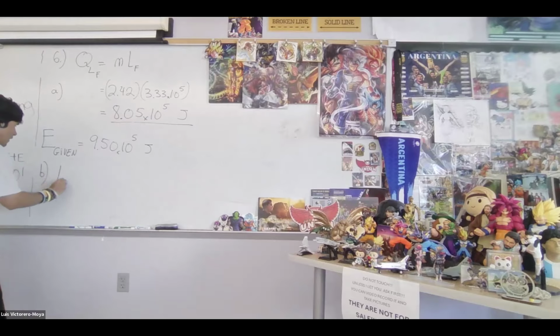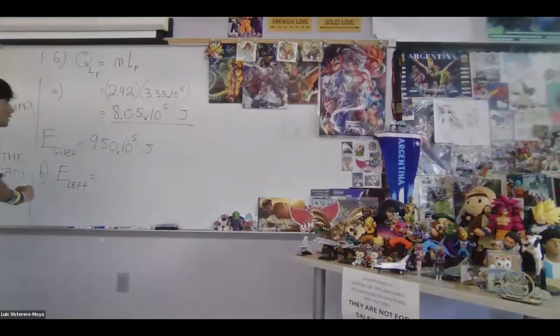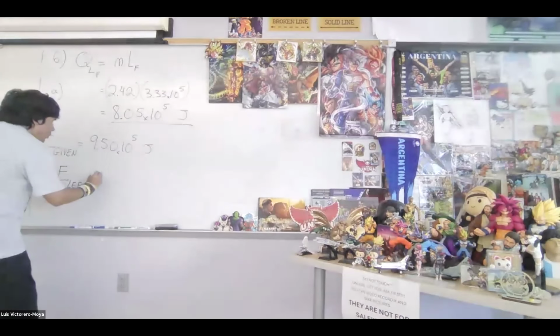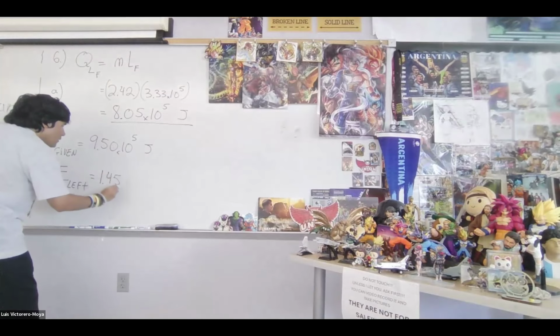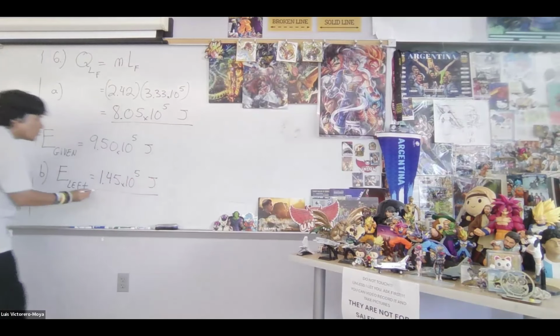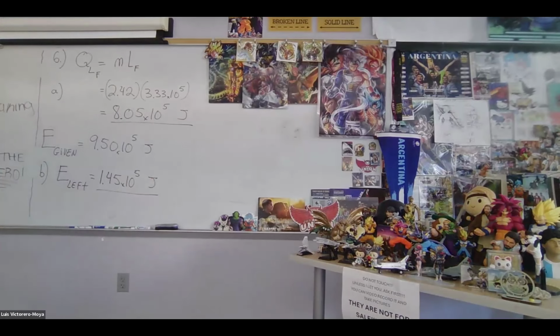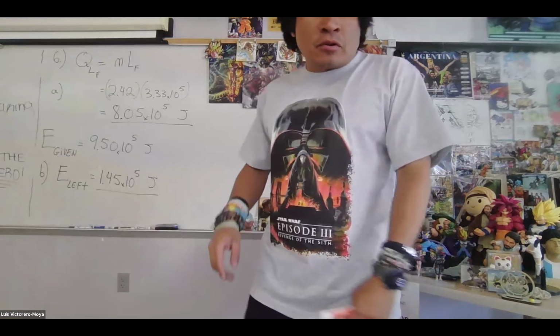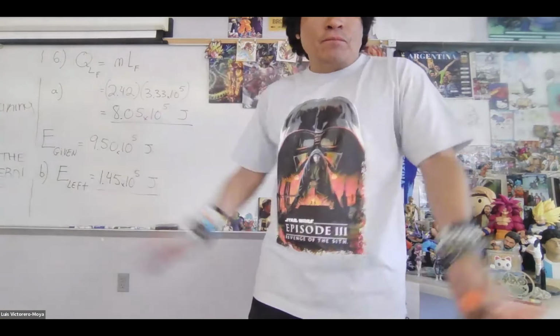So the energy left is 1.45 times 10 to the 5 joules, right? Yeah, that's this minus that. So that's the energy that you can use to increase the temperature of the water now that it is liquid.